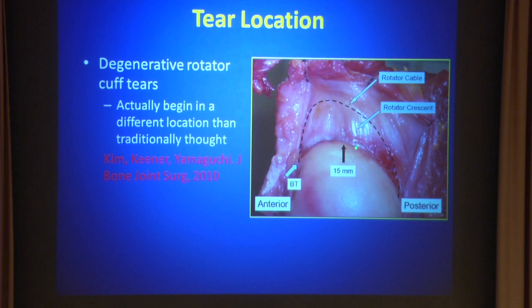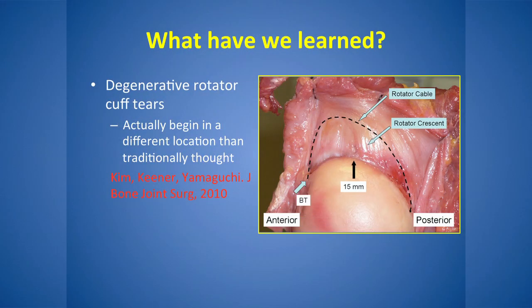The tears begin here, and they seem to enlarge in both directions from that point. That's an interesting finding that challenges the dogma, or the traditional teaching, on rotator cuff disease. So the majority of the tears in your painless shoulder actually start back here, and less than 1/3 of the tears involve the front edge of the rotator cuff.